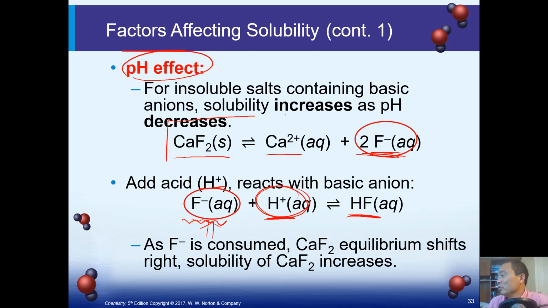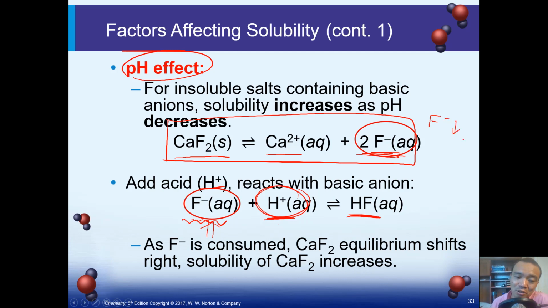So when you look back at the first equilibrium, the F- concentration is decreasing. According to Le Chatelier's principle, when you have less products, the reaction will shift to the right side. That means more solid will be dissolved, or the solubility of calcium fluoride will increase.